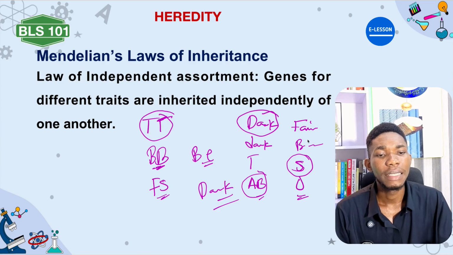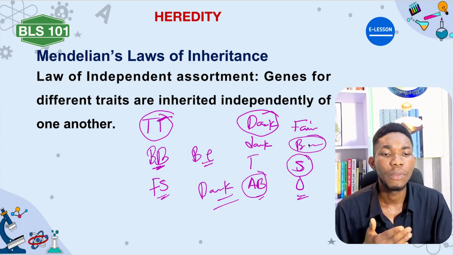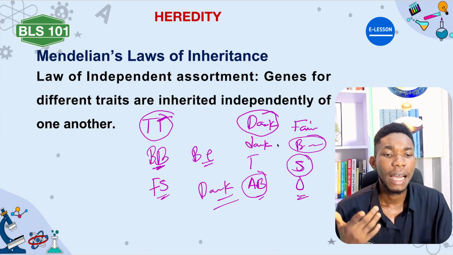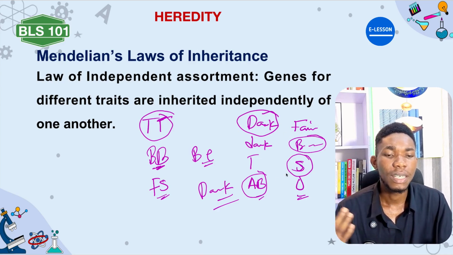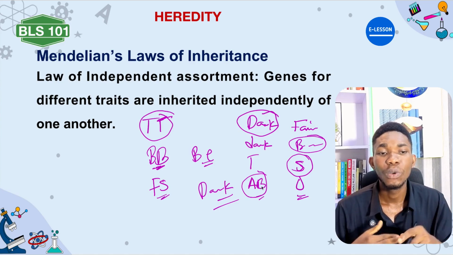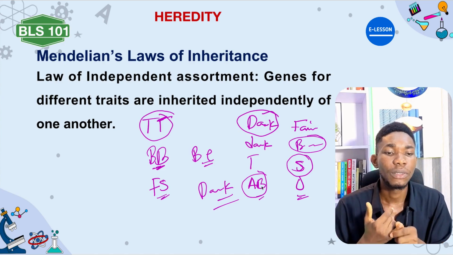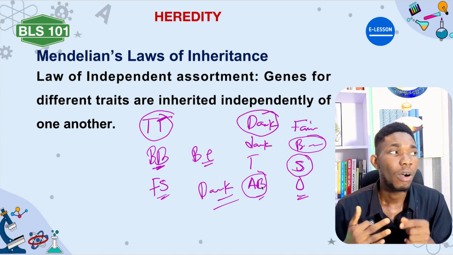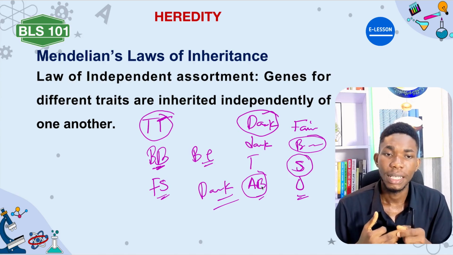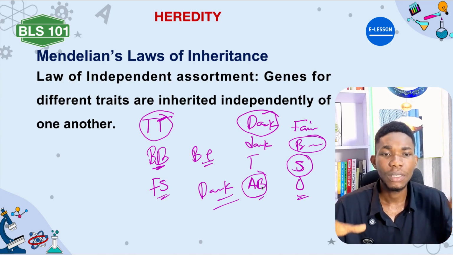AB. And the skin may actually be what? I mean, the hair may be blonde, the skin may be dark, and then you have shortness and blood group AB. There is no particular order that, as far as the body is fair, the hair must be blonde, the person must be short, or the blood group must be O. No. Each of these genes is selected independently of one another.